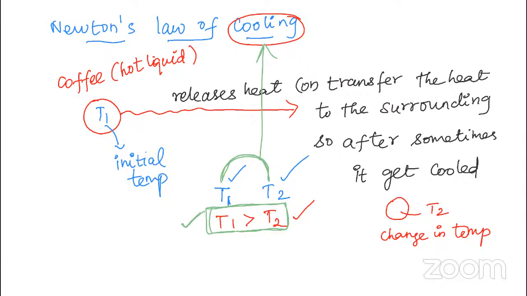Initially we have to take the coffee in a simple ceramic cup, or it could be a silver tumbler or aluminum tumbler. We have to take the same quantity of hot liquid.